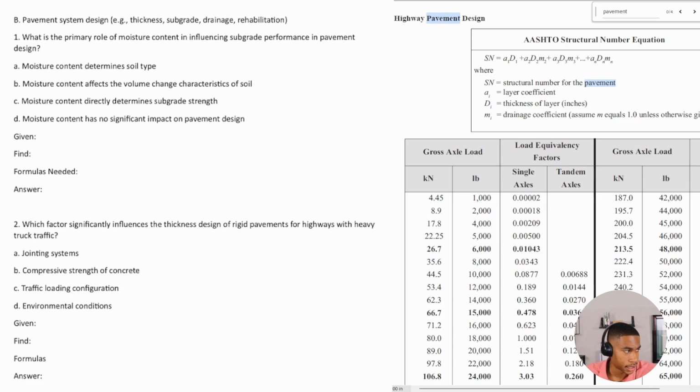Number one says, what is the primary role of moisture content in influencing subgrade performance in pavement design? When we think of subgrade and pavement design, I just want to give you a visual of what this looks like. My blue is going to be my asphalt. This is why I said prior knowledge is pretty key, because they're not really giving you this information.